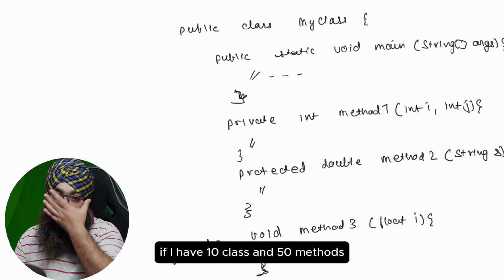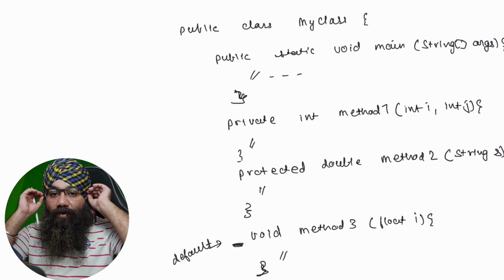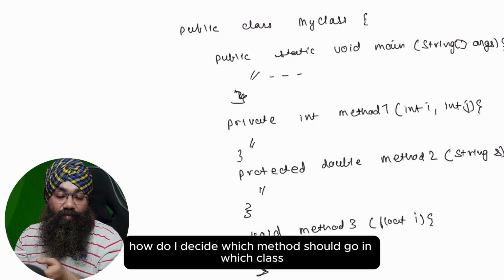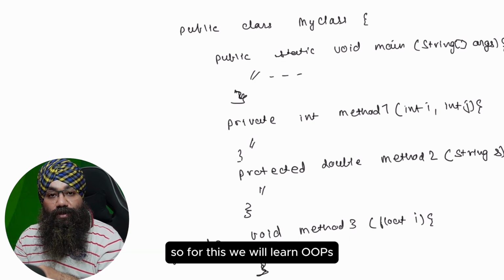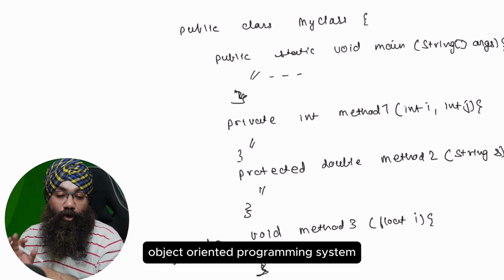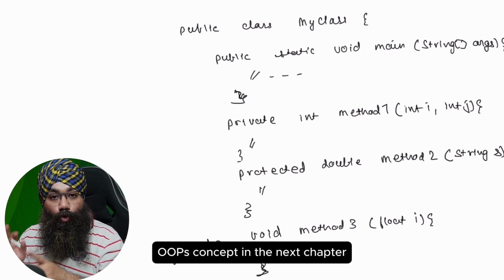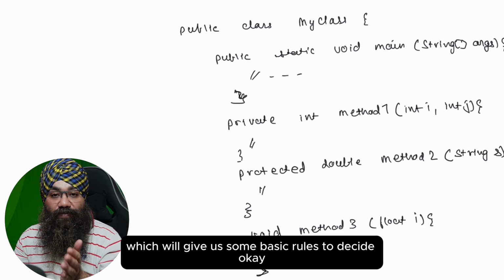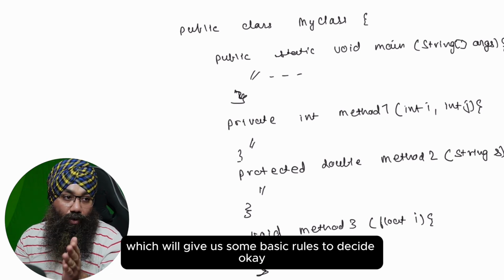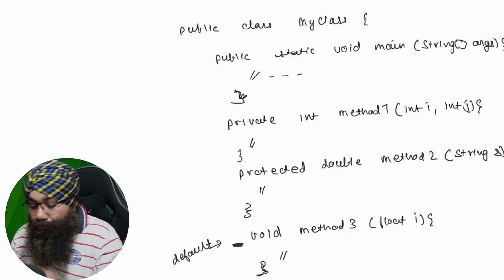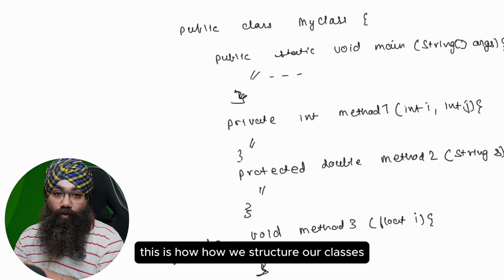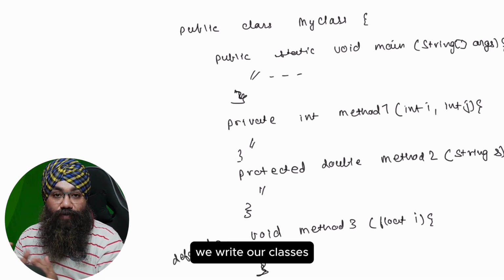If I have 10 classes and 50 methods, how do I decide which method should go in which class? For this, we will learn OOPS, object oriented programming system, in the next chapter, which will give us some basic rules to decide. But for now, this is how we structure and write our classes.